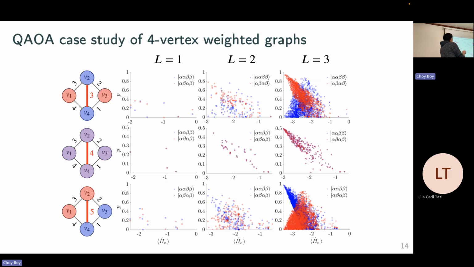For the center weight of 3, the best probability is here, and for the competing solution, it's somewhere around here. So we can establish some sort of expectation cutoff, where we can say these minima over here correspond to a good solution probability of finding one solution, but not the other.